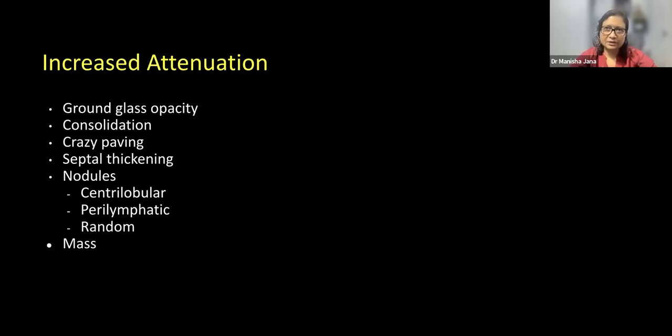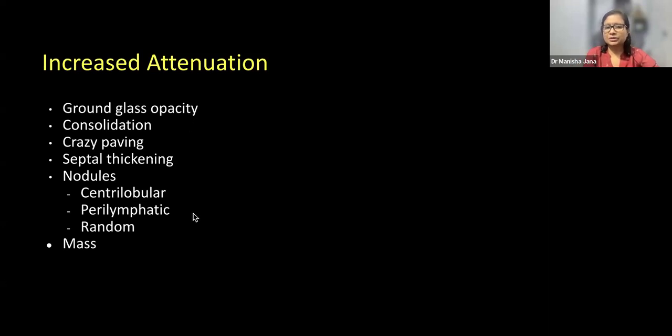That's why whenever there is a reduction of vascularity, like in hypoplasia or in chronic pulmonary thromboembolism, the lungs become even more lucent or more black. Okay, so these are the conditions which result in the appearance of increased attenuation.